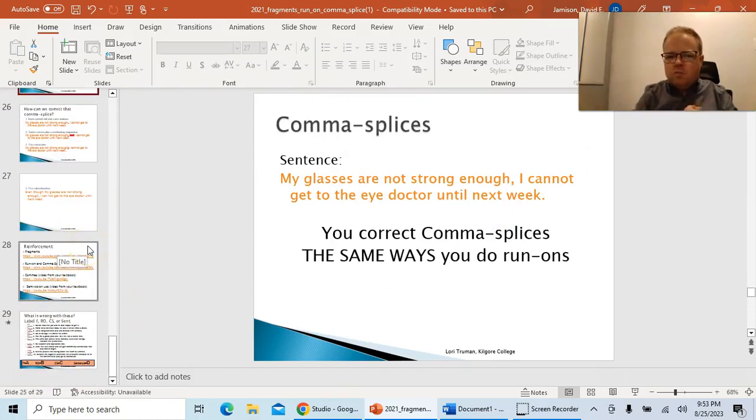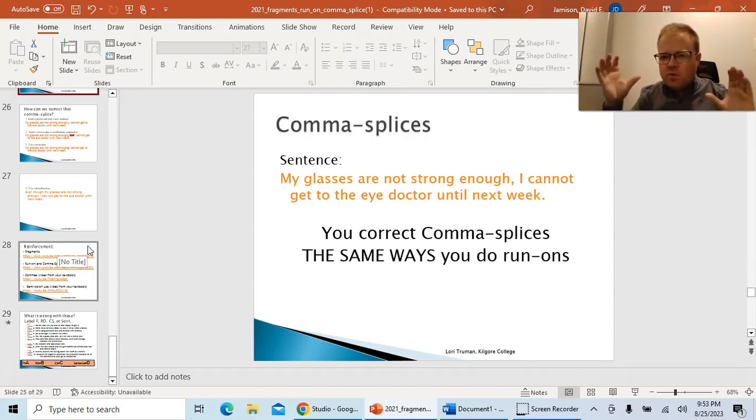Your assignment for tonight is you are going to give examples of each one of these. Write three sentence fragments, one of each kind: one that's missing a subject, one that's missing a verb, and one that is an incomplete thought. Then you also need to write a run-on sentence and a comma splice.